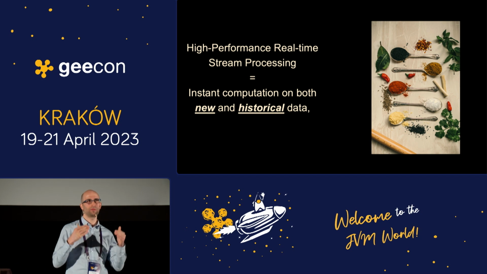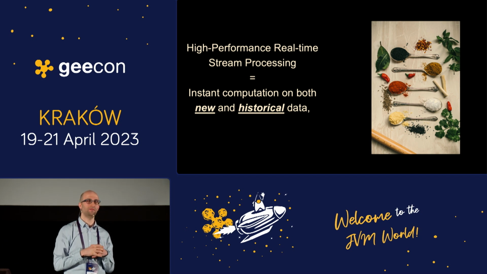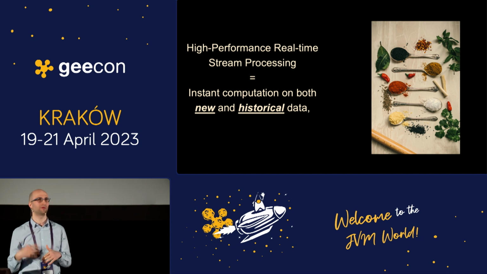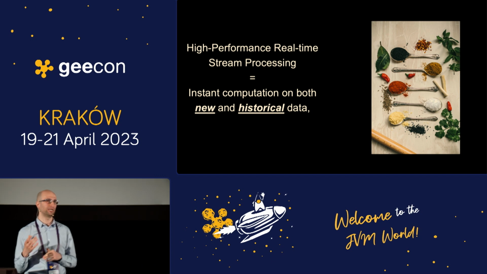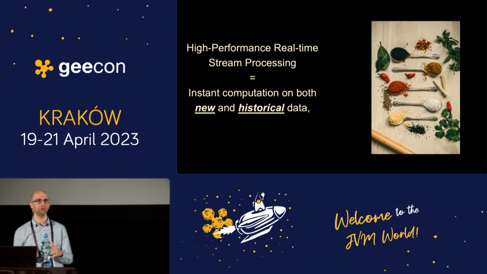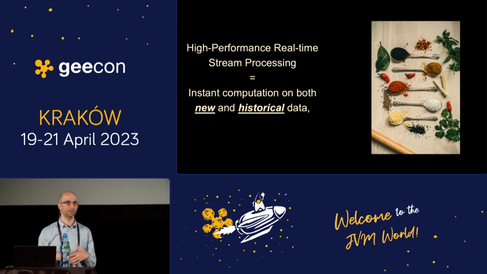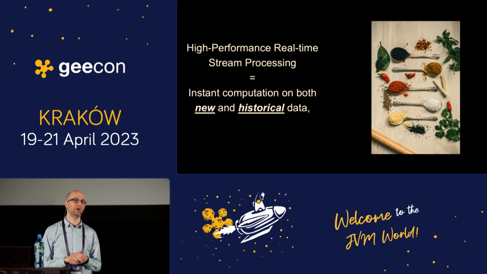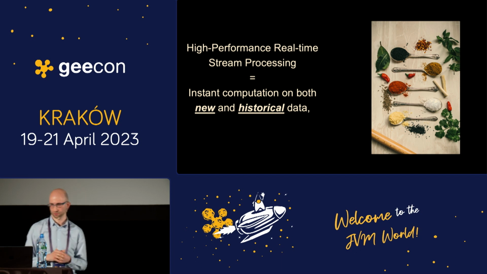Obviously, these two different types of data come at different speeds, new data being faster. So if you store your data somewhere on hard disk, it becomes slower to process. So you want to make sure that when you have a real-time microservice application, it handles these two different types of data at the same speed.